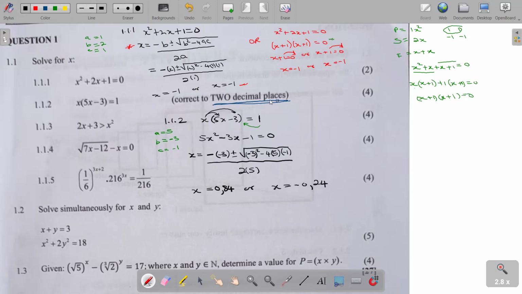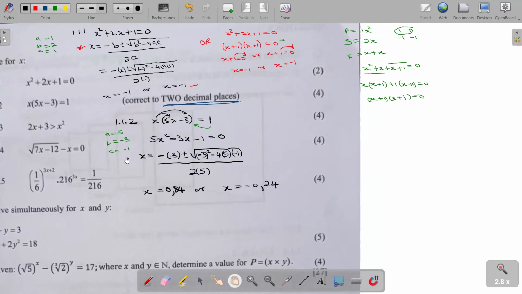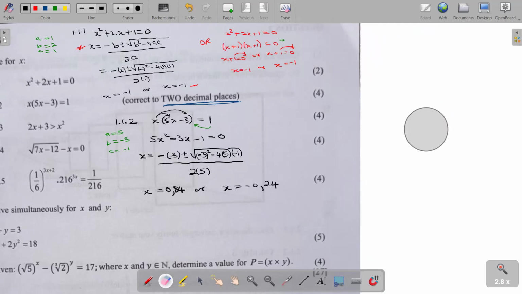Alternatively, we can use completing the square. So let's take care here. If we are using completing the square, it means that the first step, we are supposed to make sure that we standardize our equation.